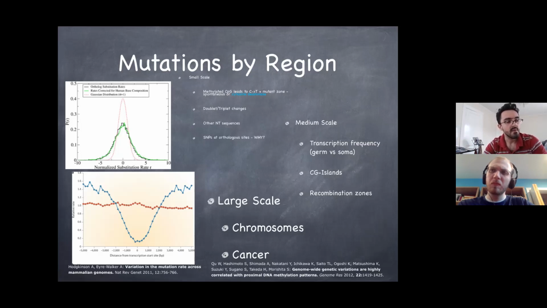And now on the larger scale, in the interest of time, I'm just going to skip to some of the chromosomal stuff. But I can go on. Basically, the point of this is that at all levels, at all scales, there are biases, there are ways in which the mutation rate is non-homogeneous.